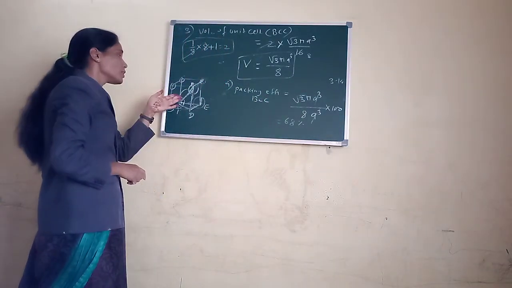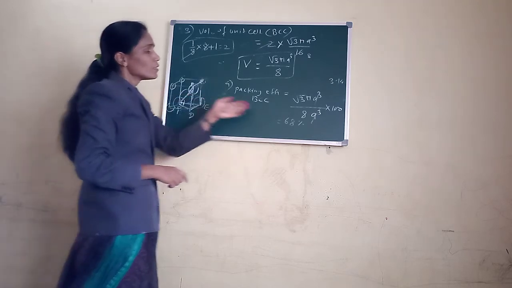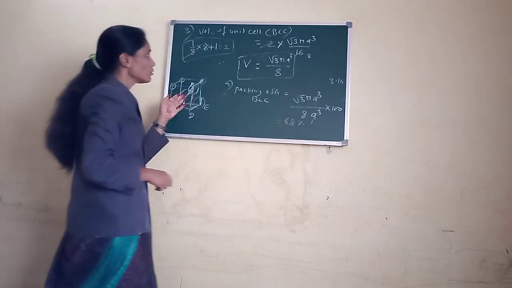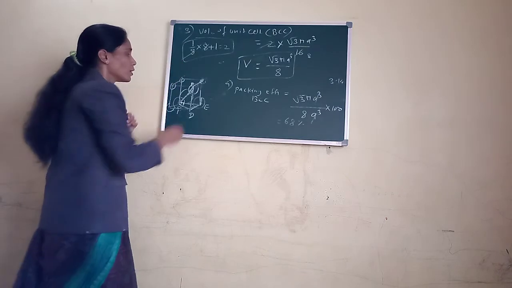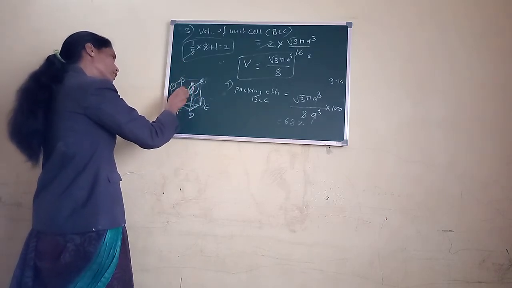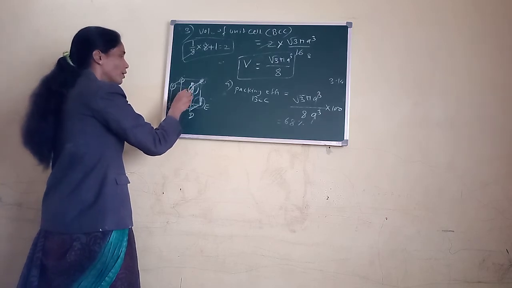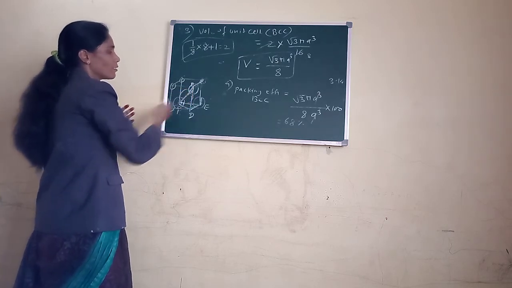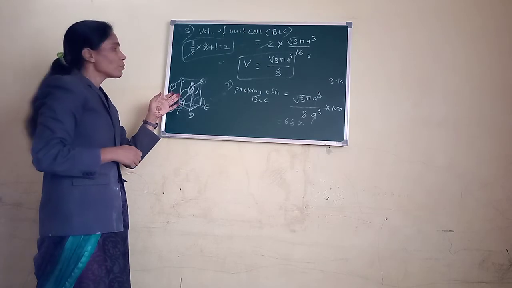Means in FCC, BCC, the packing efficiency is greater than the SCC, because in simple unit cell in the body there is no sphere, means empty spaces are greater than the BCC.